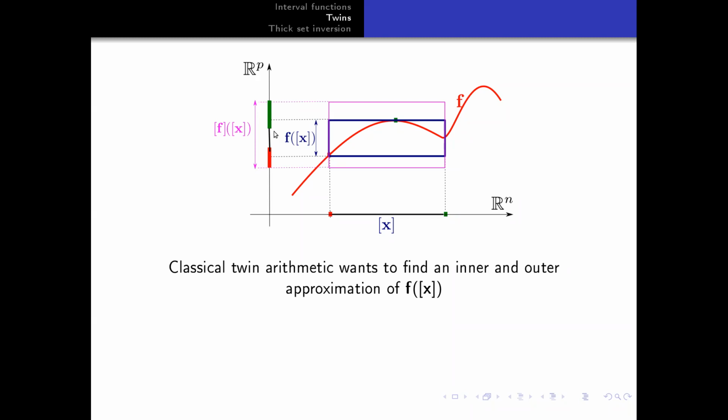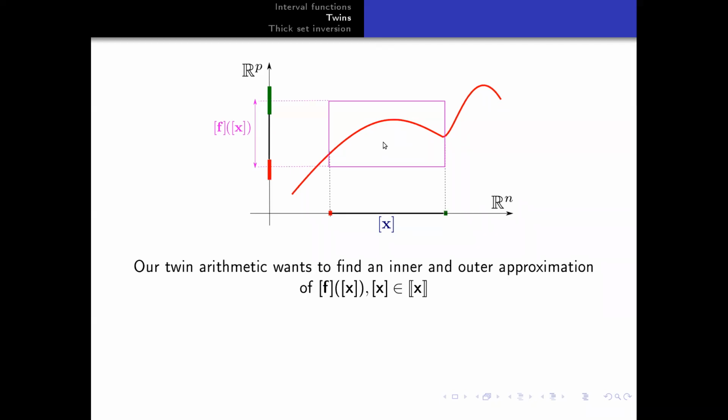But what we want to do with twin arithmetic, classical twin arithmetic, is also to have an inner approximation. So I want from x to have some kind of twin, so that I have some idea about the pessimism I am doing when I use classical interval arithmetic rules. Here it is different. The image of x using classical interval arithmetic I will represent here as some pessimism.